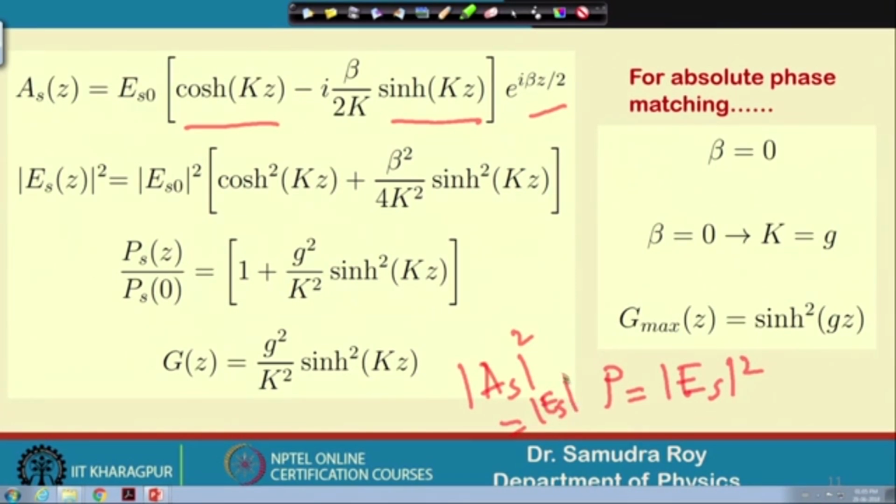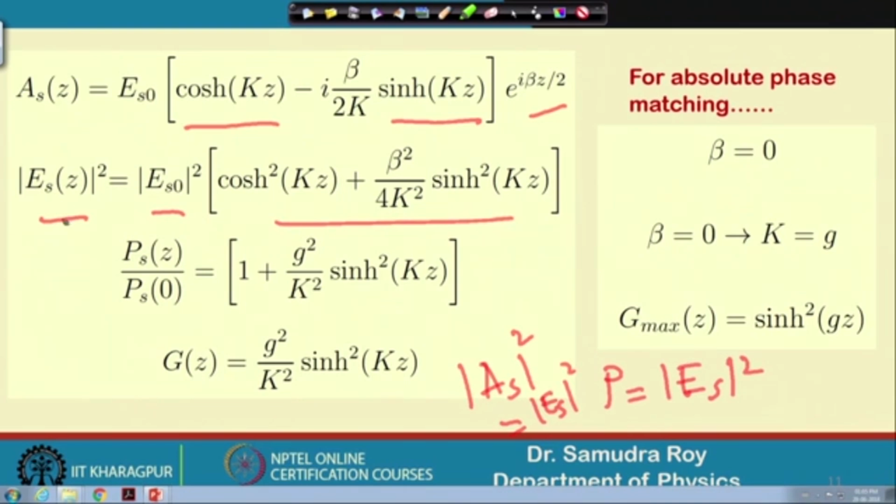So, amplitudes are same, only the phase term is associated with this transformation. So, once we take the mod, this phase term will cancel out. So, I can readily write it is E_s, it is E_s0, and if I take a mod term, I will have this quantity.